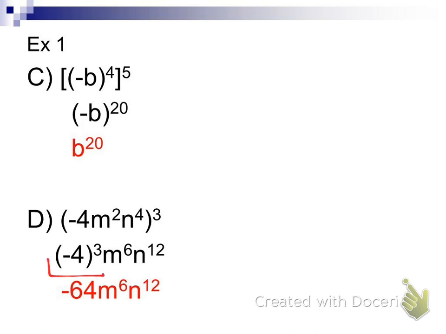When that is the case for your coefficient, you need to evaluate it. So you need to actually do negative 4 times negative 4 times negative 4, which is negative 64. What are your questions?